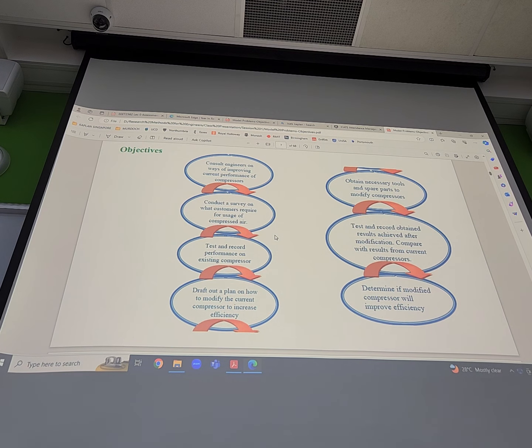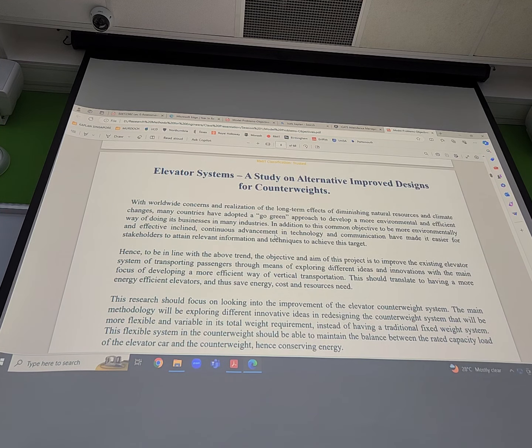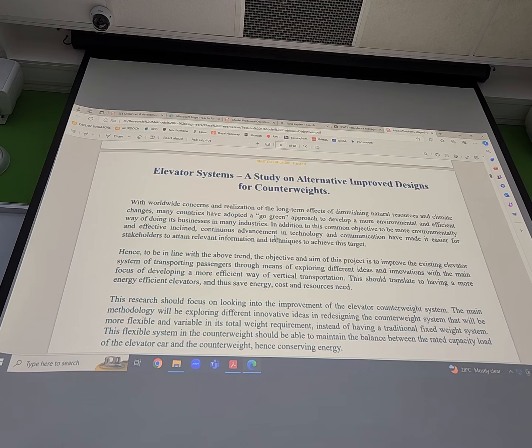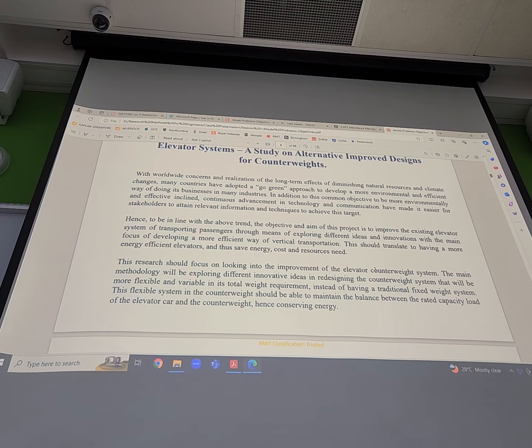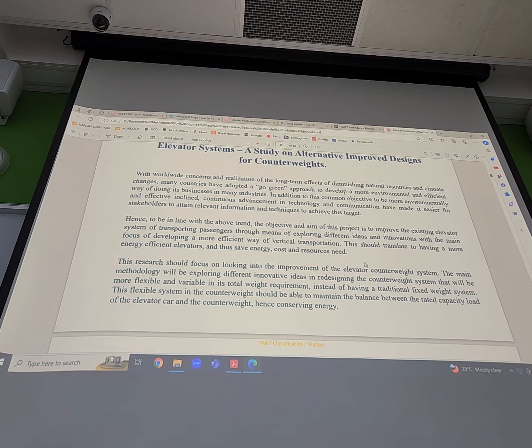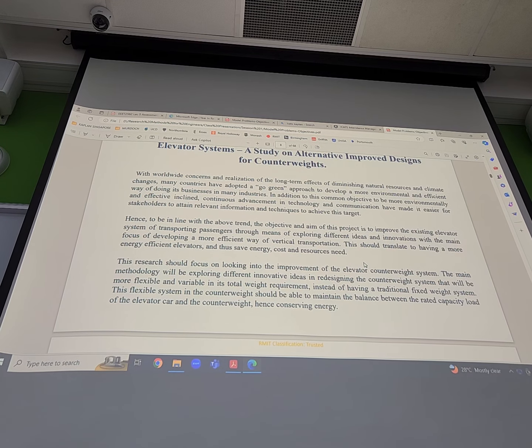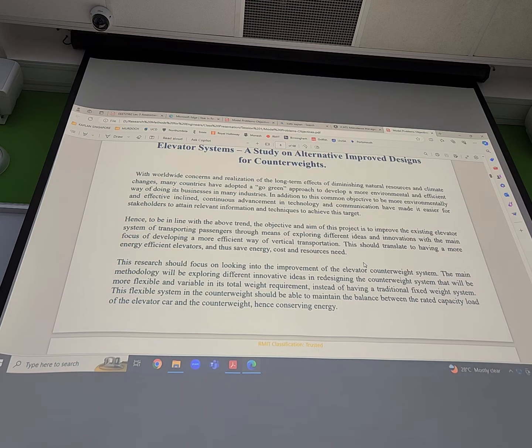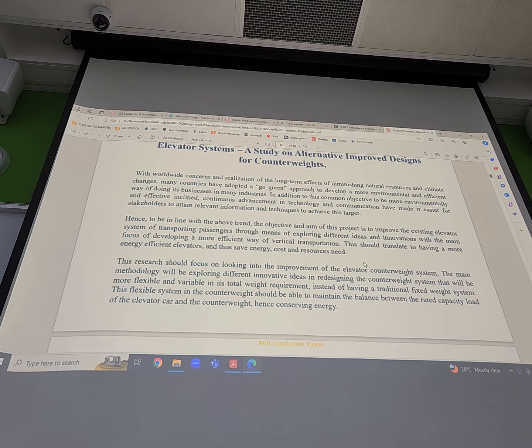Identifying the various steps, the problem of the efficiency of a compressor was subdivided into different modules. Another system is elevators: a study on alternative or improved designs for conduits. This is another problem suggested by students, with a bit of background. The first paragraph is not directly relevant to the problem.